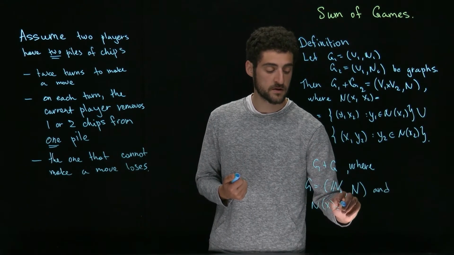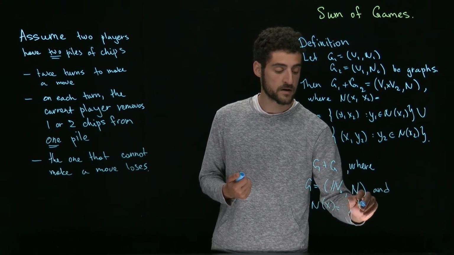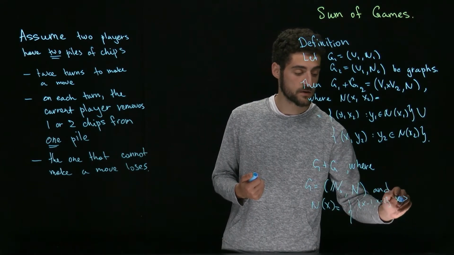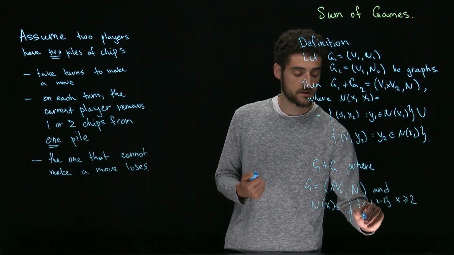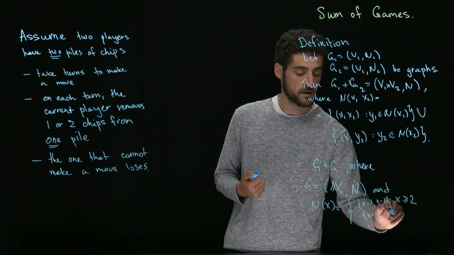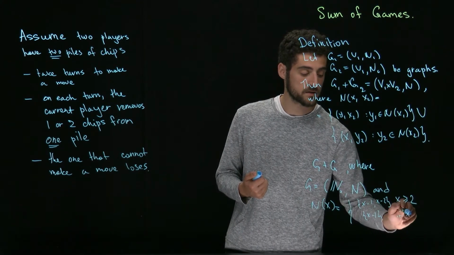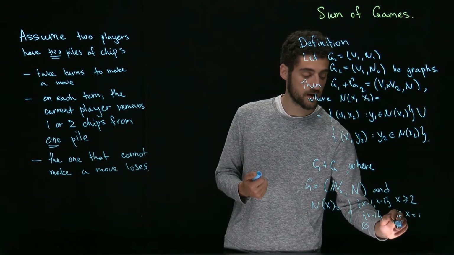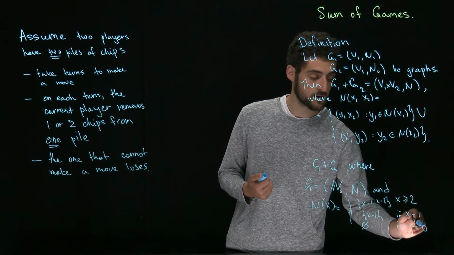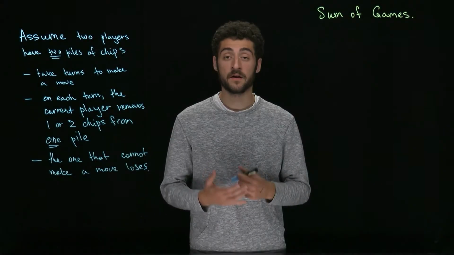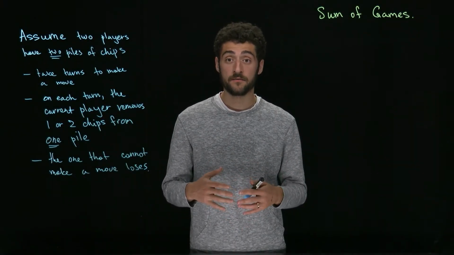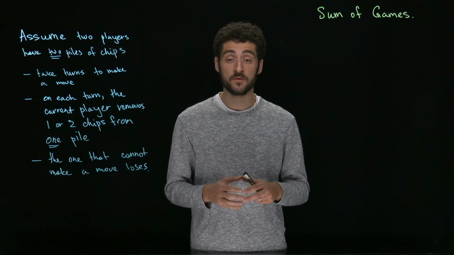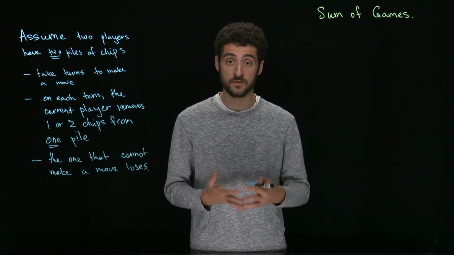N of x is equal to {x minus 1, x minus 2} if x is greater or equal than 2. It's the set consisting of x minus 1 if x is equal to 1, and it's an empty set if x is equal to 0. And the final ingredient for analyzing this game is the theorem that allows us to compute the Grundy function for a sum of two games.